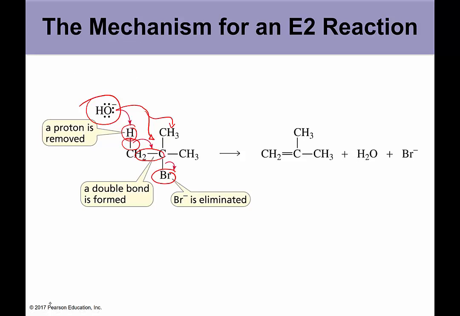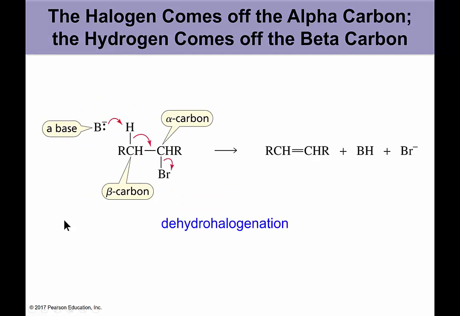There's another name for this kind of reaction. It's known as a dehydrohalogenation reaction. Because in the end, what you're getting is the elimination of the hydrogen and the halogen. And that's what makes it a dehydrohalogenation reaction.